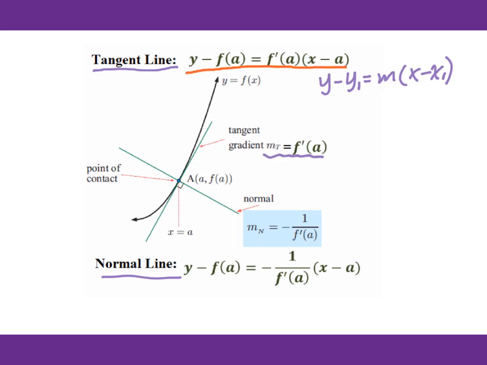For equation of a normal line, we know from slope of tangent line how you go to slope of a normal line. Remember two steps: opposite and reciprocal.